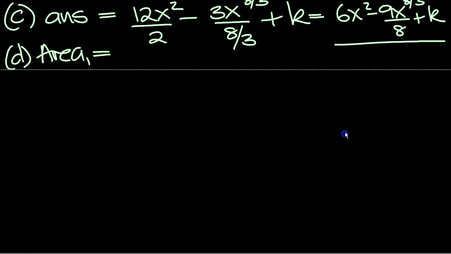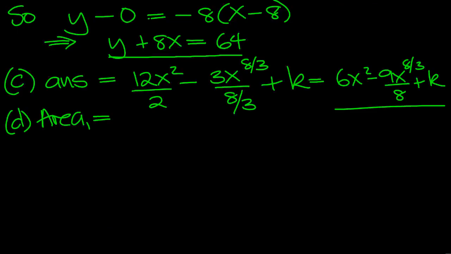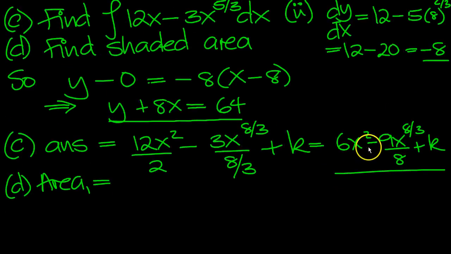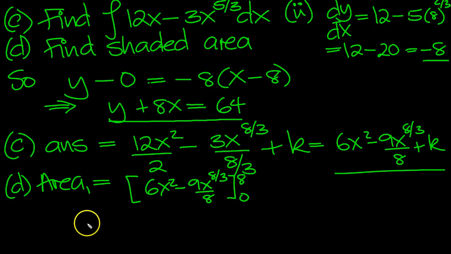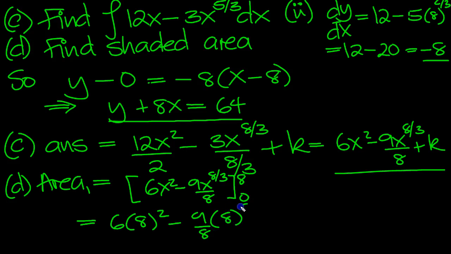So area 1 is this integral between 0 and 8: 6x squared minus 9x to the 8/3 over 8, bounded between 0 and 8. I put the top value in, take away the bottom value, which will give us 0 in both cases.